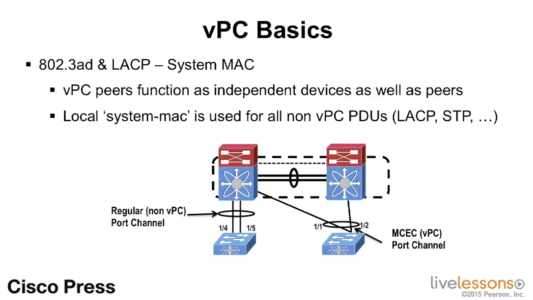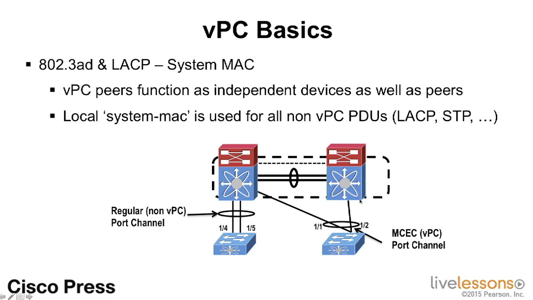So, some more of the VPC basics. As we discussed earlier, VPC peers function as independent devices as well as peers. We can see here that you can configure a switch to have a regular non-VPC port channel to one of the 2 switches inside of a VPC domain, or you could use a VPC to connect one switch to both of the upstream switches.